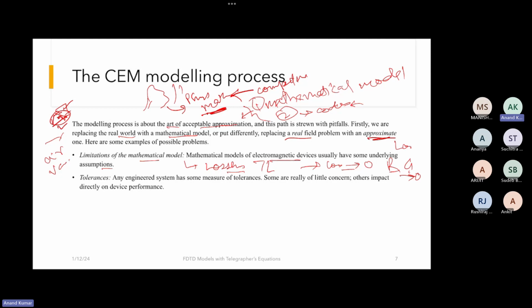Tolerances: in any engineered system which has some measured value of tolerance, some are really little concern and others impact the device performance. So if we were supposed to do the approximation using electric and magnetic field, in those cases we were using mu and epsilon values, and these are usually complex values, but the initial codes that we usually study, especially the ones which I taught in my previous course, we considered them to be real values.